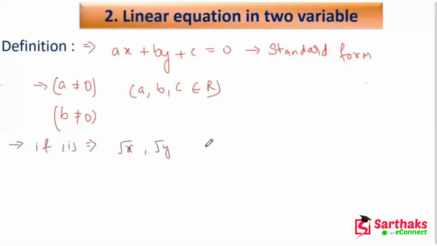The second condition is that neither x nor y is in the denominator. The third condition is that the exponent or power of x and y in each term is 1, meaning x raised to power 1 and y raised to power 1.